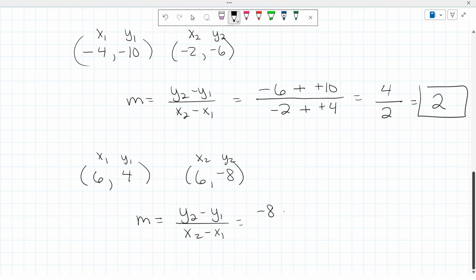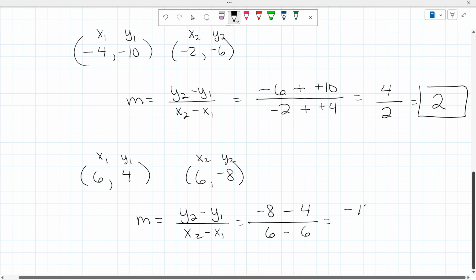Negative 8 minus 4 over 6 minus 6. What's negative 8 minus 4? Negative 12. What's 6 minus 6? 0. Somebody with a calculator, take 12 divided by 0.